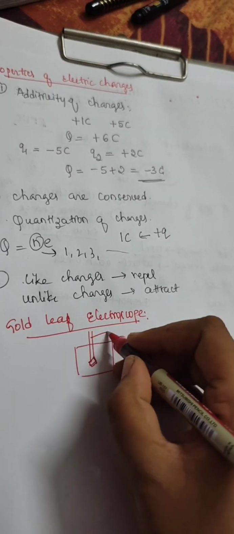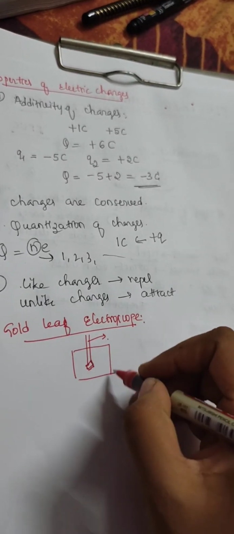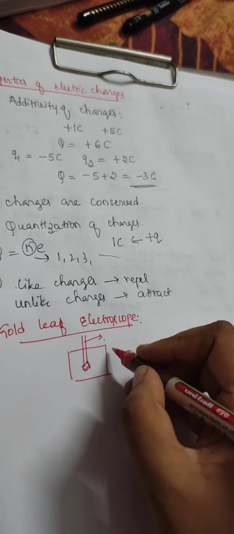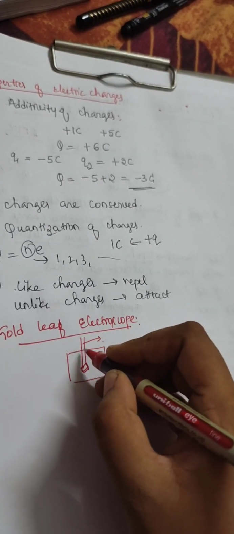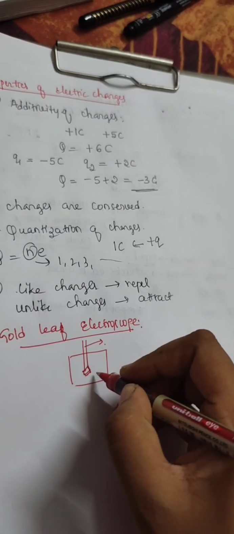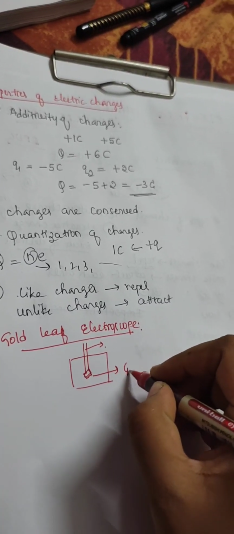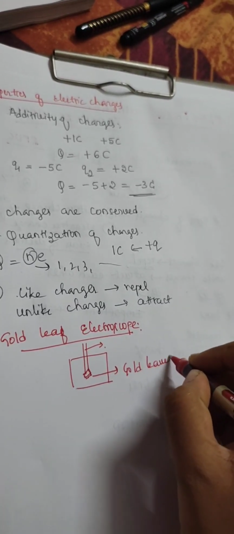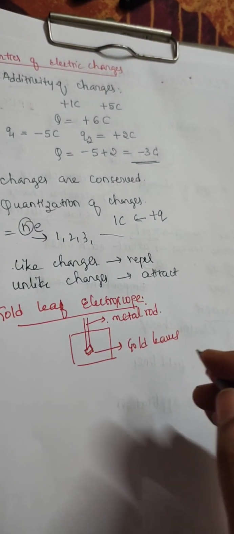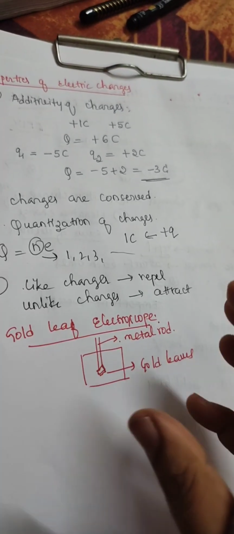This is the metal rod inside the box. Whenever charge comes in contact with it, these leaves are going to diverge. If there is more divergence in the gold leaves, it means there is a larger number of charges.